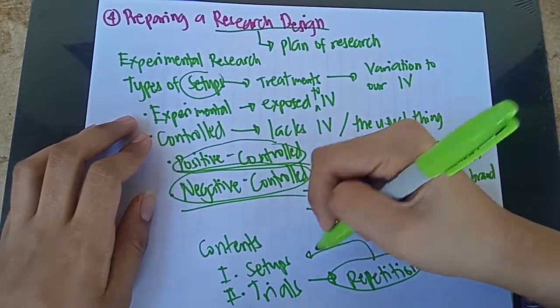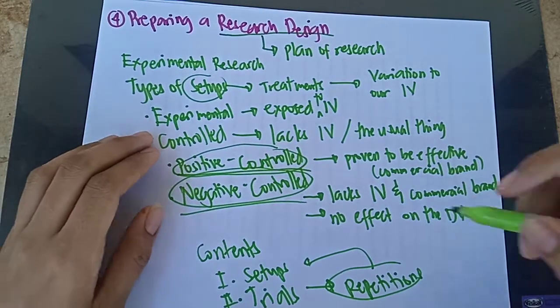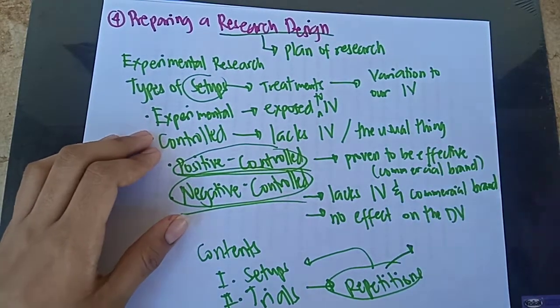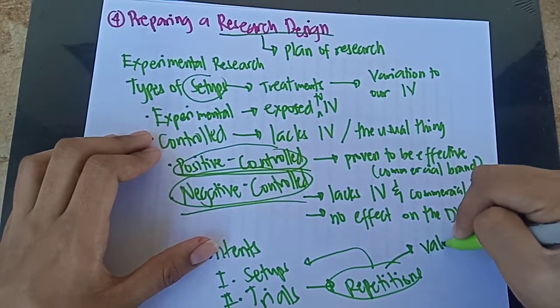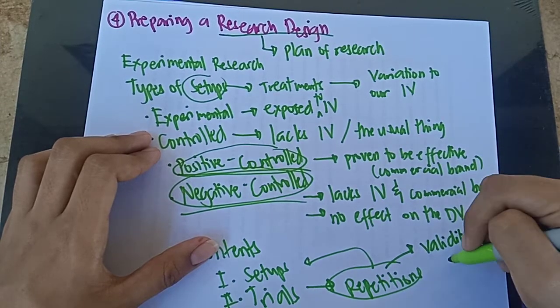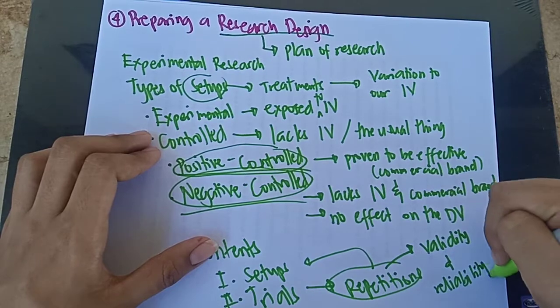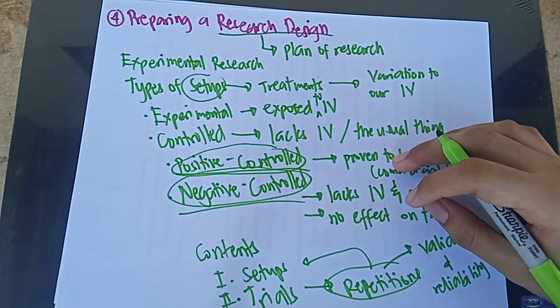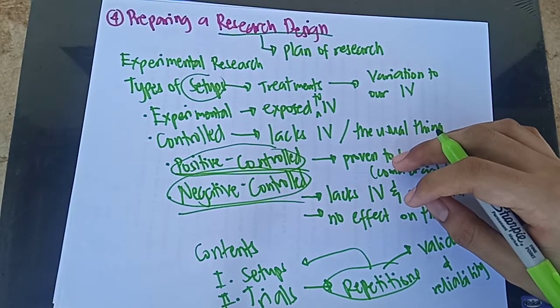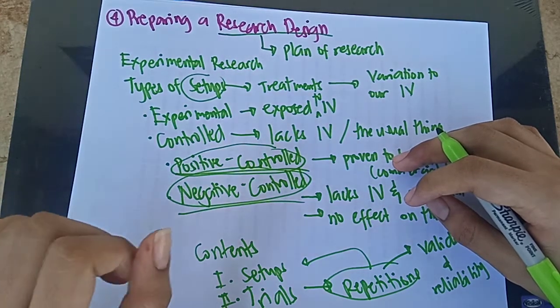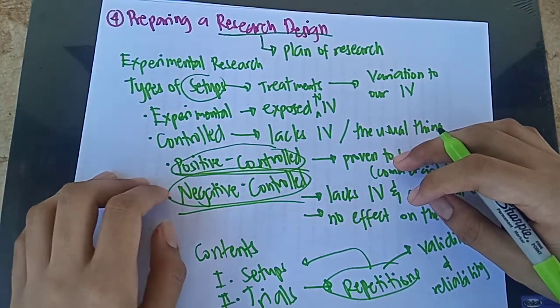Of the setups. Okay? So, why do we have repetitions? We have repetitions to ensure the validity and reliability. Okay? So, that is how we construct a plan for our research.